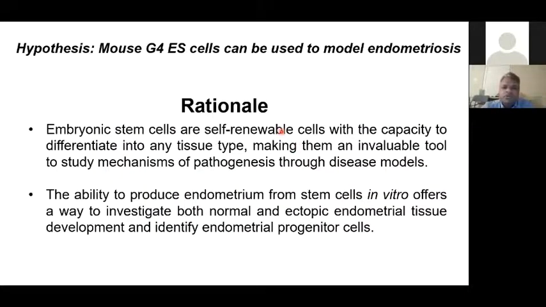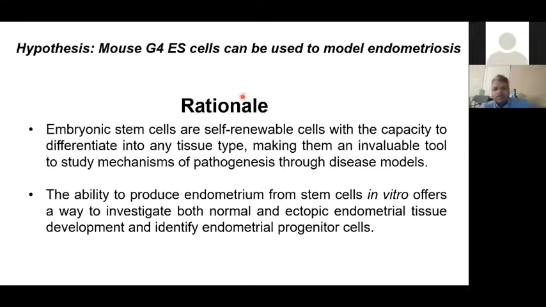Okay, so in this project, we used mouse embryonic stem cells of G4. G4 is the name of that mouse embryonic stem cell line that we used to model endometriosis.